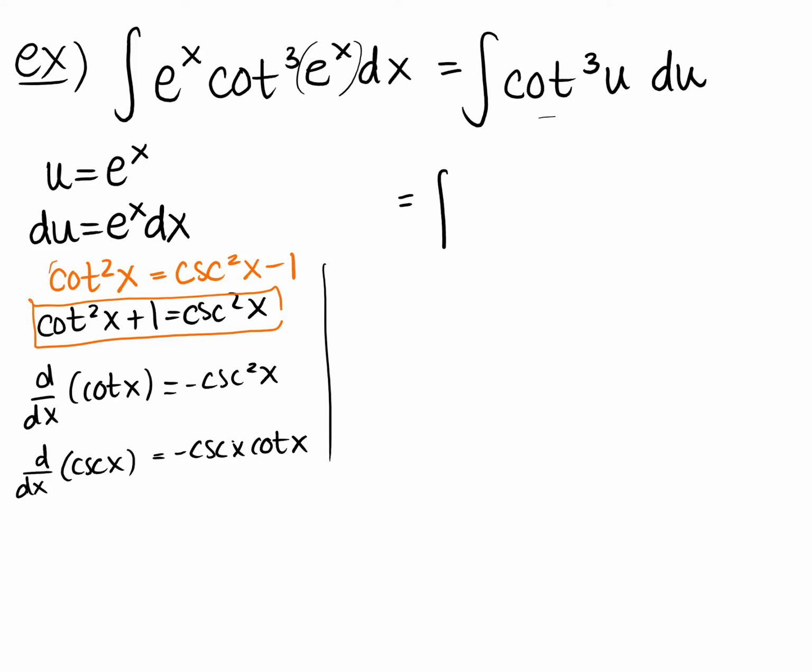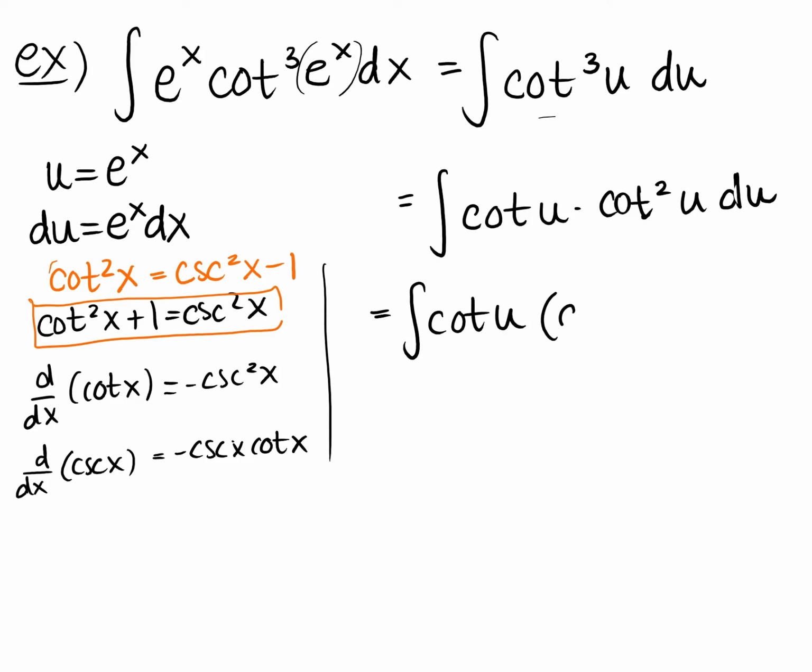This is good, right? This isn't embarrassing at all that I'm not quite sure what to do here. But let's go ahead and take off one cotangent. I'm going to rewrite cotangent cubed, taking off one of the cotangents, and rewrite the rest as cotangent squared, because I'm not having any luck with the cotangent cubed, so we might as well bring some cosecants in here.